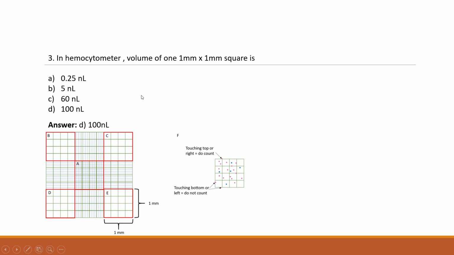So you have 3 into 3, a total of 9 boxes like that. Out of these 9 boxes, we count 5 main boxes. Then from the numbers within these 5 main boxes, we use a formula to calculate the number of viable cells, and then you can also calculate how many cells you need to seed.